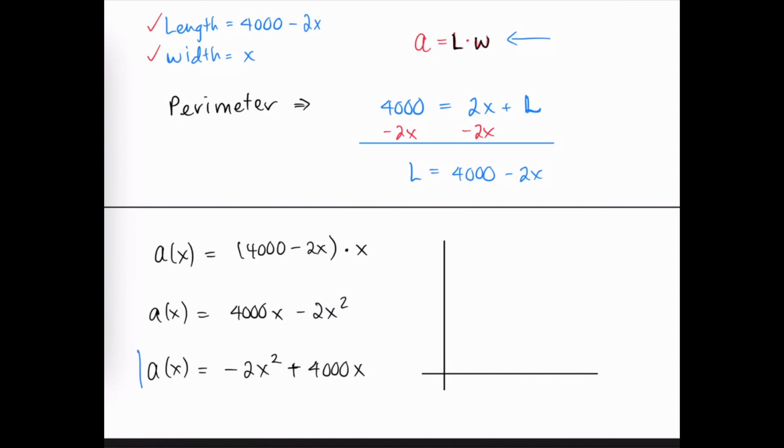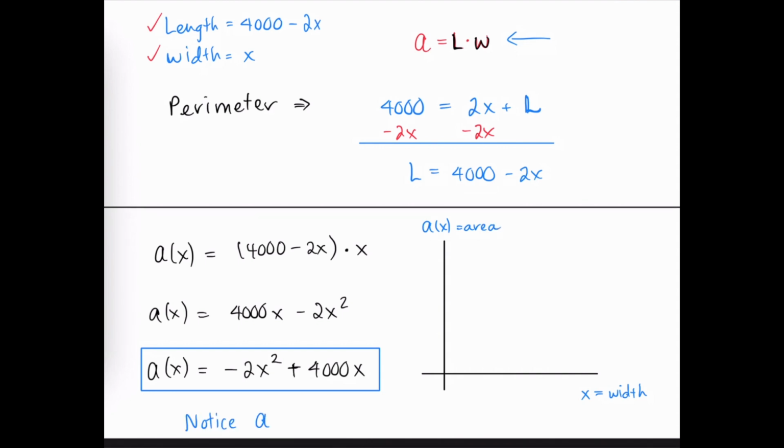The reason why we want to get the area as a function of one variable is so that it can be graphed in two dimensions. X represents the width of the garden or the field, and the vertical axis is going to represent the corresponding area for some given width.